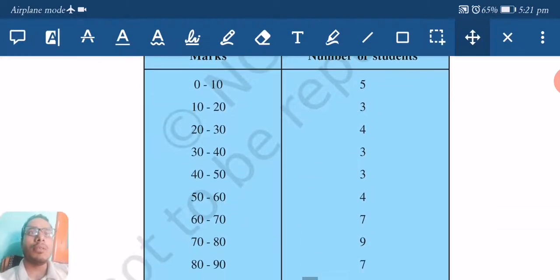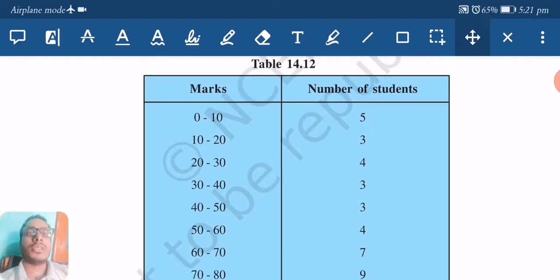The marks are given in terms of class intervals, as well as the number of students falling in each marks category. In 0 to 10, the number of students is 5. 10 to 20, we have 3 students.